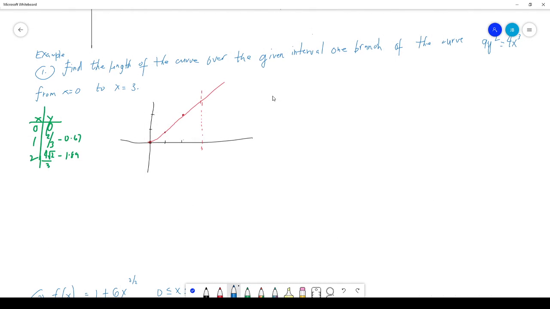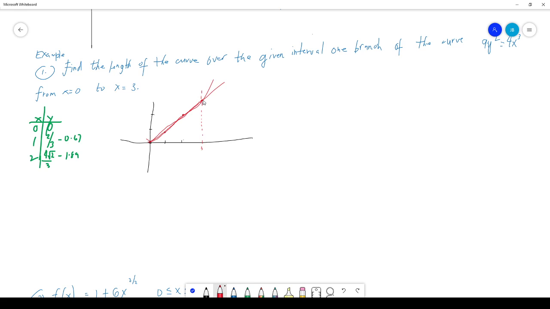Say for example, we have to find the length of the curve over the given interval. One branch of the curve 9y squared is equal to 4x cubed from x is equal to 0 to x is equal to 3. So this is a curve, not a line. We're going to find the length of the curve from this point to this point, from 0 to 3.